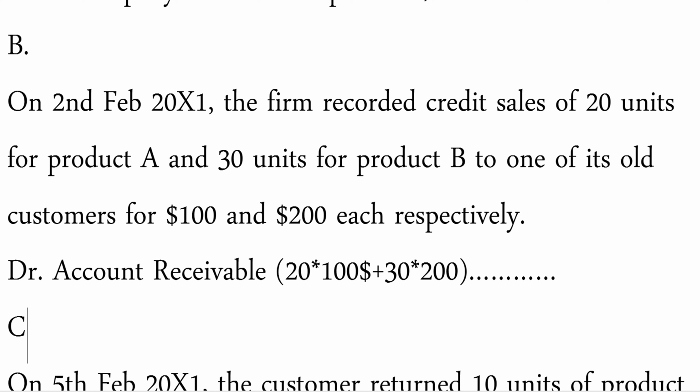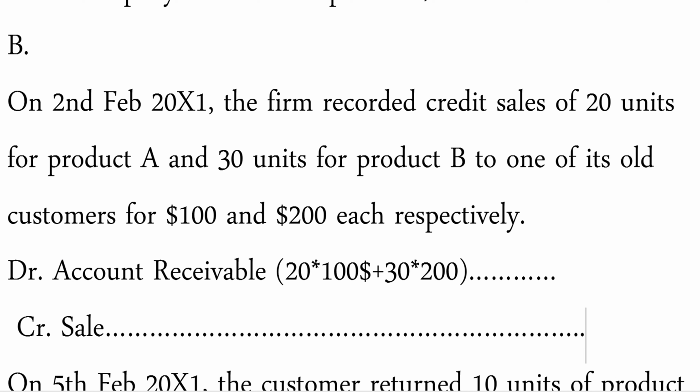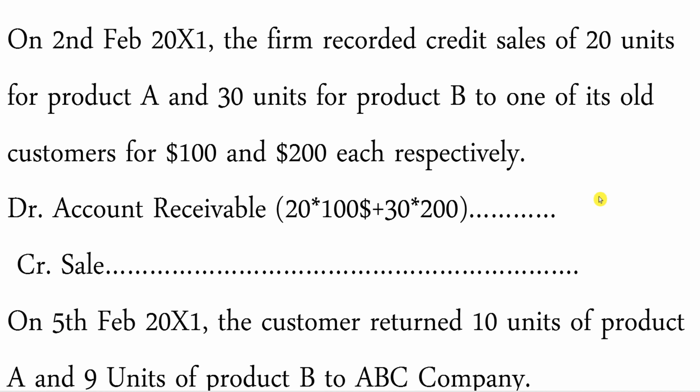And credit sales, I mean the revenue. The amount is 8,000 debit and credit, the same 8,000.